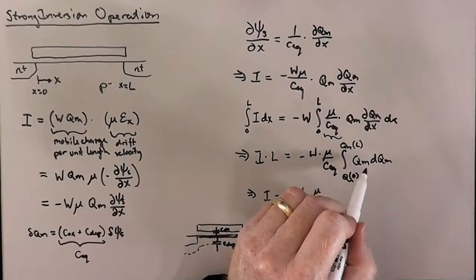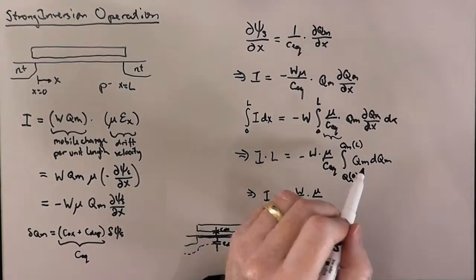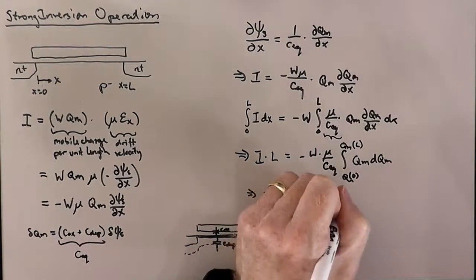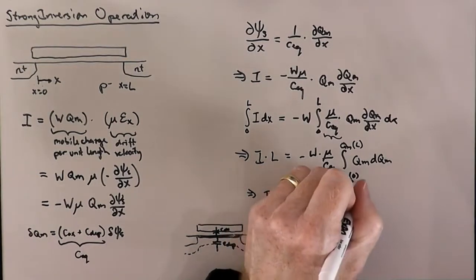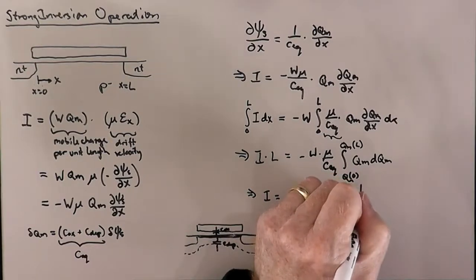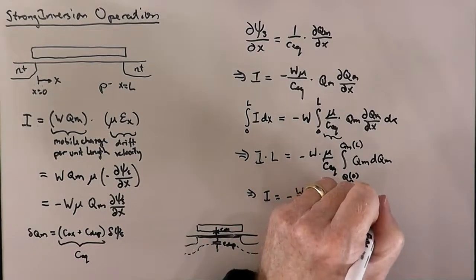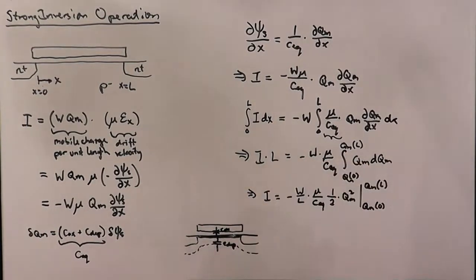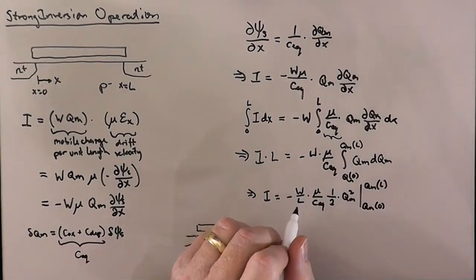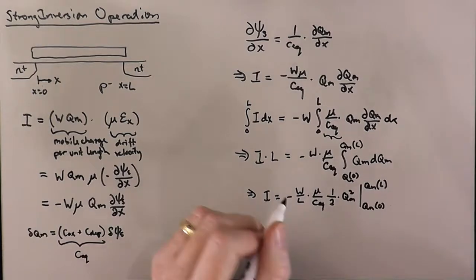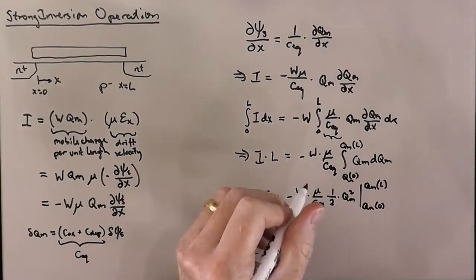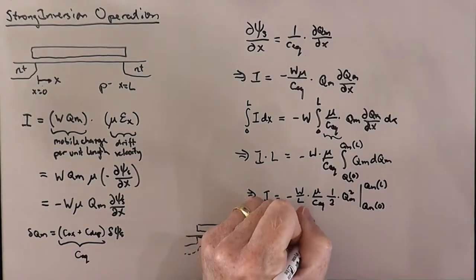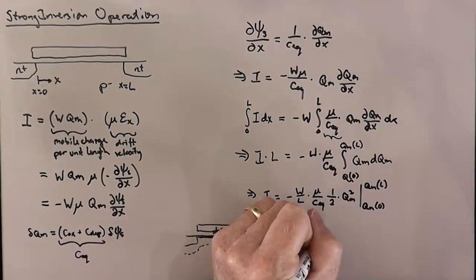It's just 1/2 of Qm squared evaluated from Qm at 0 to Qm at L. So we can rewrite this as W over L times mu over C equivalent.